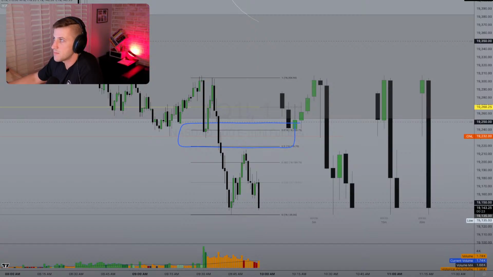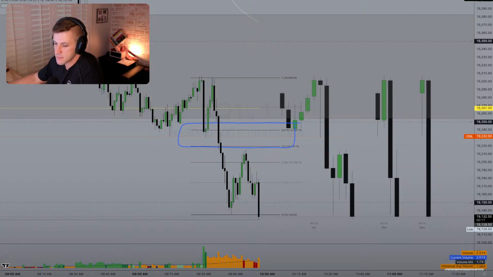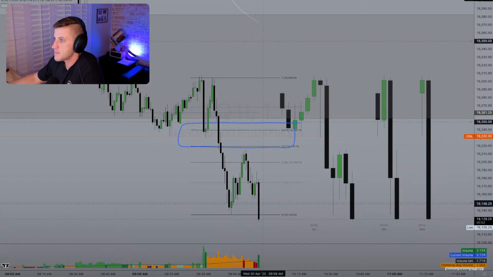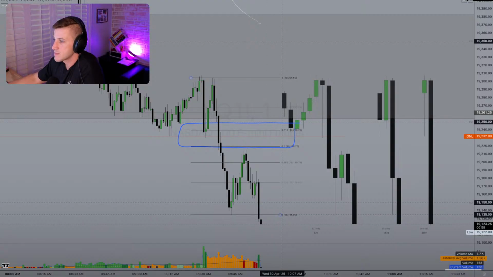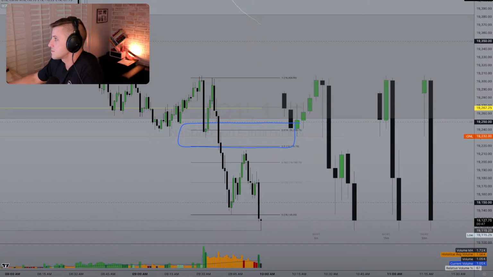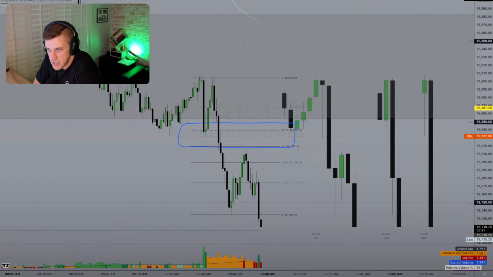NASDAQ coming into session low. There you go, new low of day. Near term range breakdown continuing to do its thing. So 19K is the downside level of interest for NASDAQ.